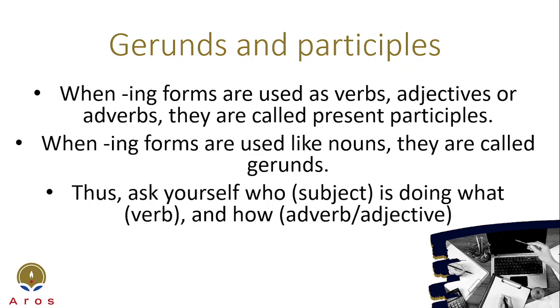So vra jouself af, beskryf hierdie ING 'n aksie of is dit 'n aksie? Beskryf dit 'n selfstandige naamwoord, in other words a noun, so it could be an adjective, or is it describing a verb? Because then you probably know it's a present participle. When the ING forms used look like nouns, in other words it doesn't describe anything and there is no subject attached to it, then you know it is a gerund.